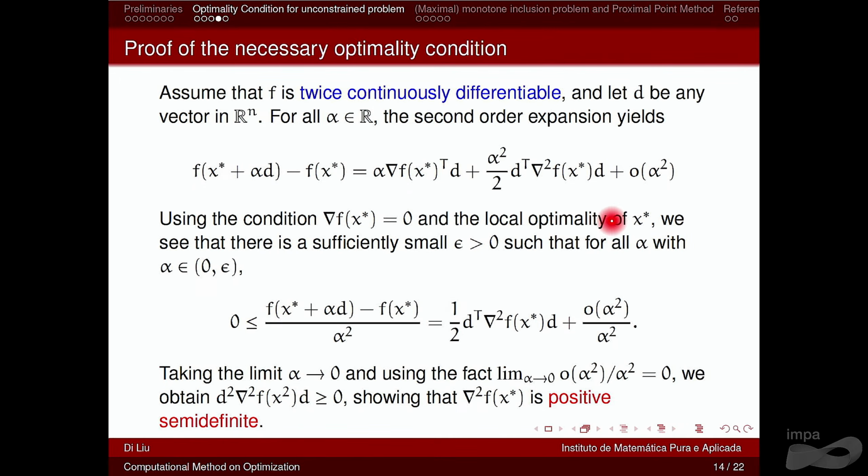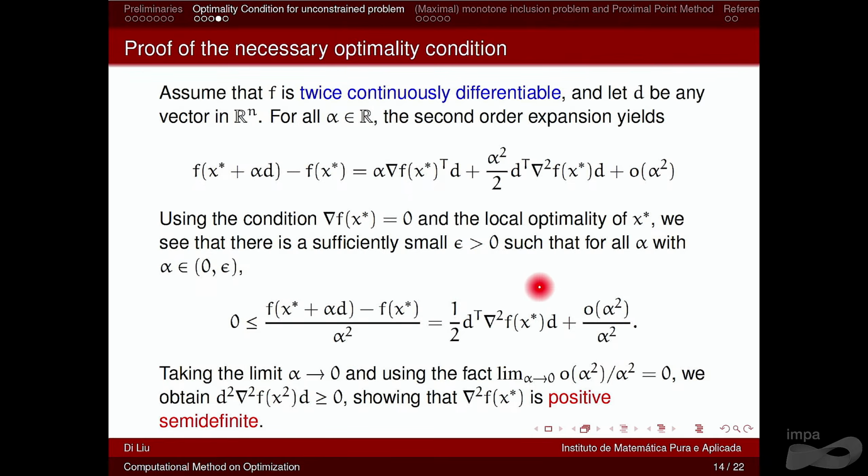Then for sufficiently small epsilon greater than 0, for any alpha in 0 to epsilon, we have this inequality because of the optimality of x star, so it's greater than or equal to 0. Since alpha is not equal to 0, we can divide both sides by alpha squared.